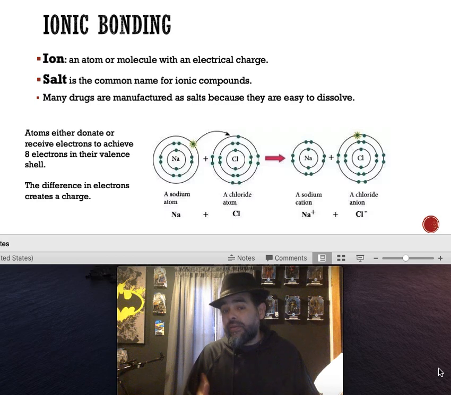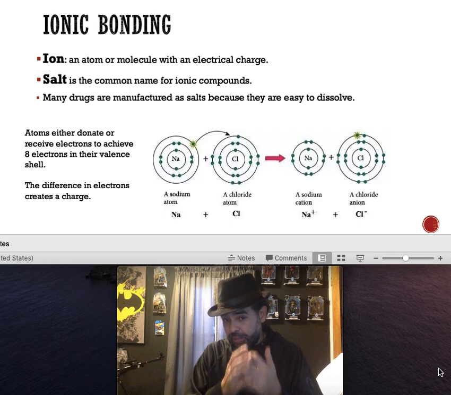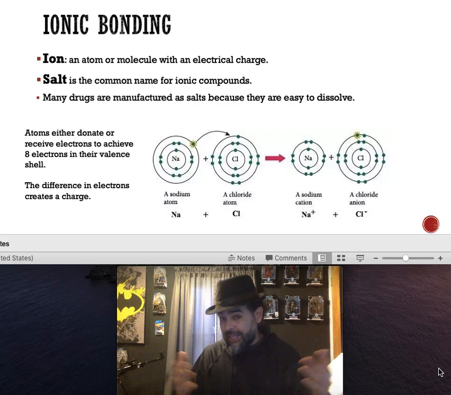If an atom carries a positive charge, the name for this is a cation. And if it carries a negative charge, this is an anion. So whenever you have an anion and a cation together, their opposite charges attract, and they create a special type of chemical bonding, the type of bonding that we see in salts.